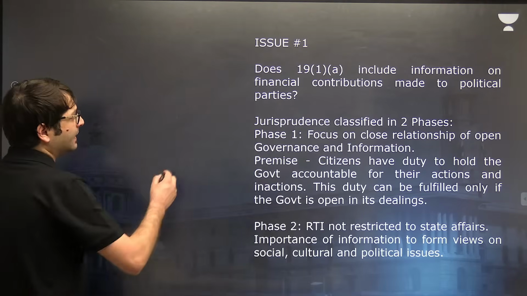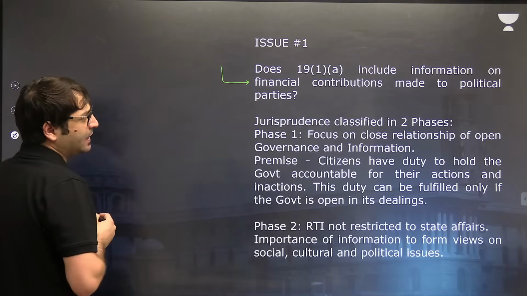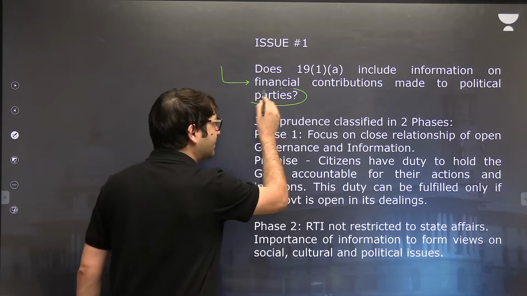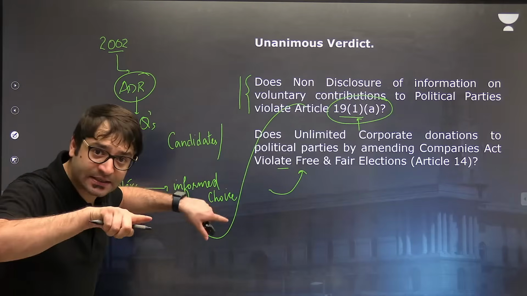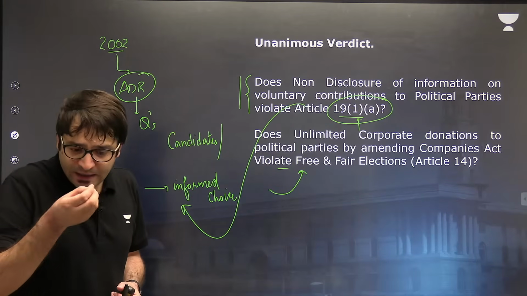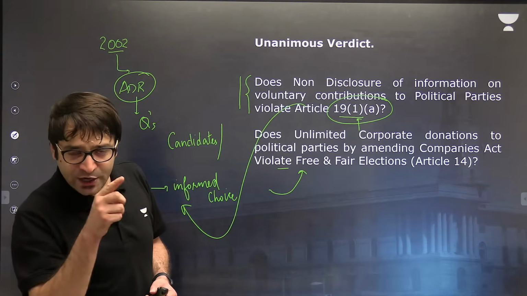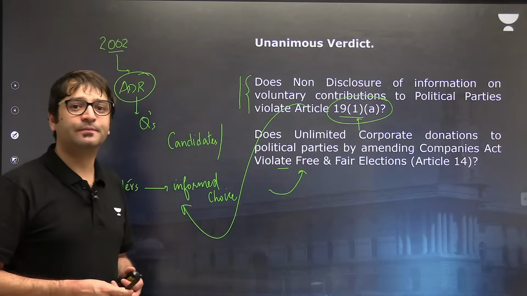Number 1, does Article 19(1)(a) include information on financial contributions made to political parties? Previously, we were talking about individual candidates contesting the election. So the voters had the right to know the antecedents of candidates contesting the election.